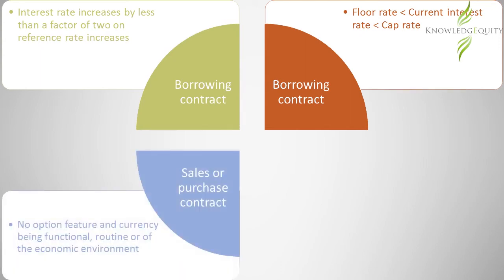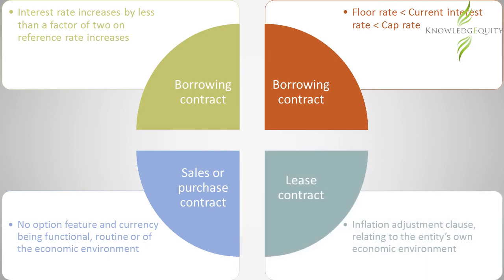Thirdly, for a sales or purchase contract, where payment is made in the functional currency of a contract party, or in the currency that the goods are routinely bought and sold, such as the US dollar, or in a currency that matches the economic environment of the transaction, such as USD for a trade in China.